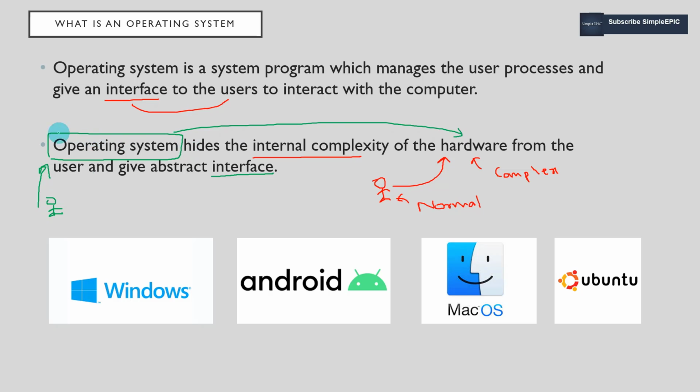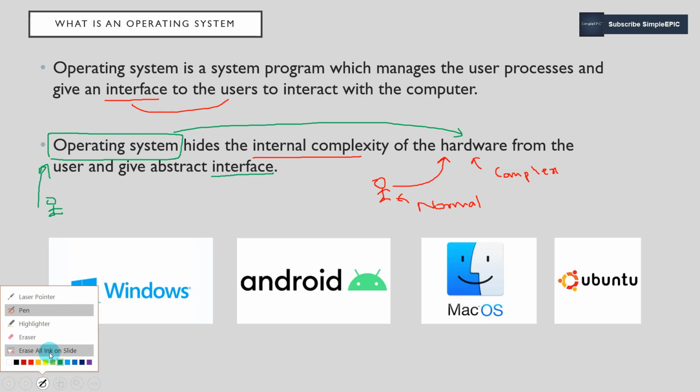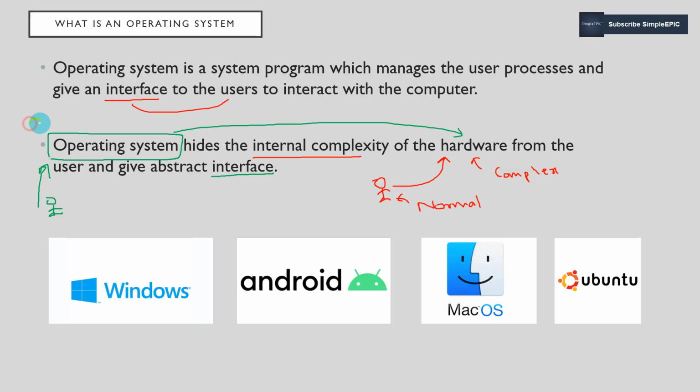So the operating system is like an overlay over this whole process, but it is necessary, otherwise users are unable to get their work done.